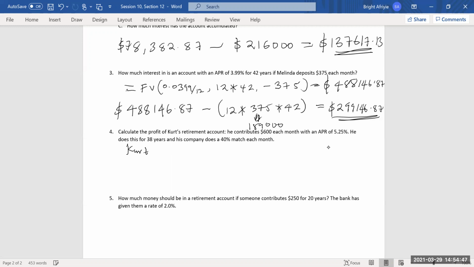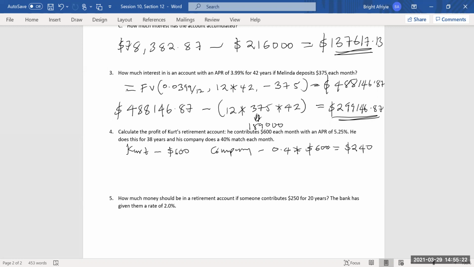So Kat actually does 600 dollars every month, and Kat's company contributes 40% of what Kat contributes. So we're going to do 0.4 times Kat's contribution of 600. So Kat's company actually contributes 240 on his behalf every month.